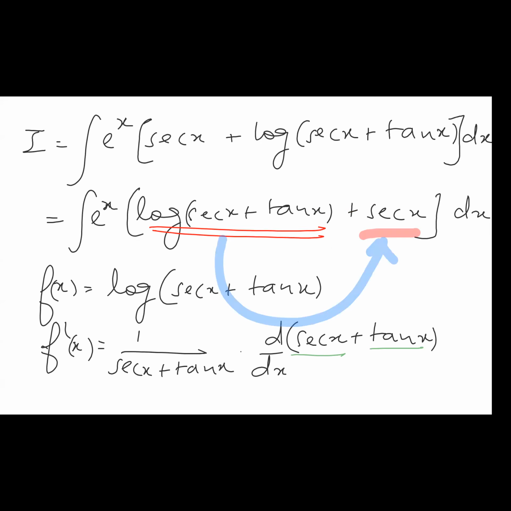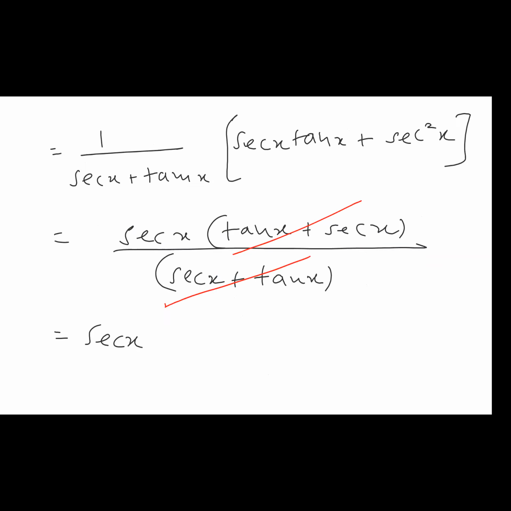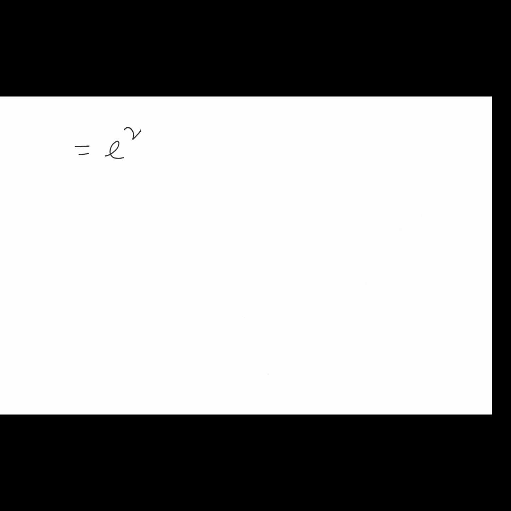So the first term becomes f of x, and the second term becomes f dash x. So e raised to x, f of x plus f dash x, is equal to e raised to x f of x plus c.